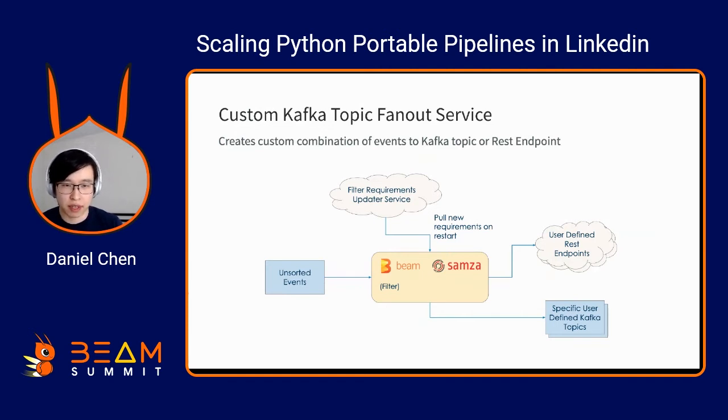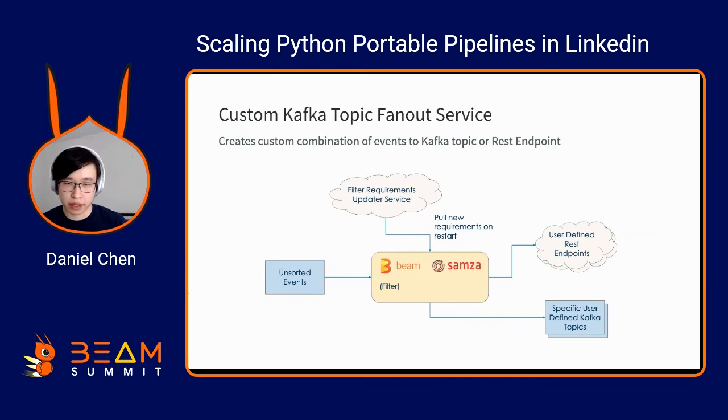And every time this filter requirement gets updated, they could actually change the pipeline on the fly. This pull happens every set amount of time, and every set amount of time, this pipeline would evolve.